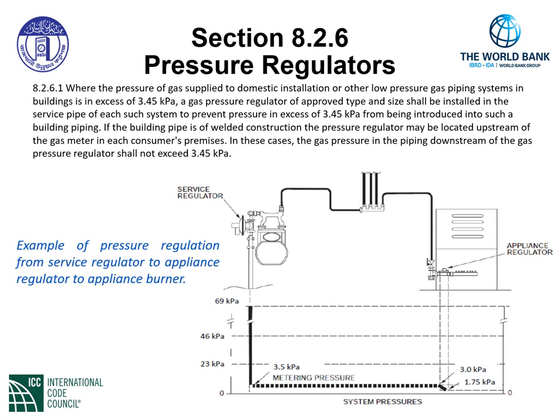From that point, if the pressure is 69 kPa, we have to ensure that at this point, prior to going into a building supplied by low pressure or even a domestic installation, we need to regulate or reduce the gas pressure to something on the order of 3.45 kPa at a maximum.